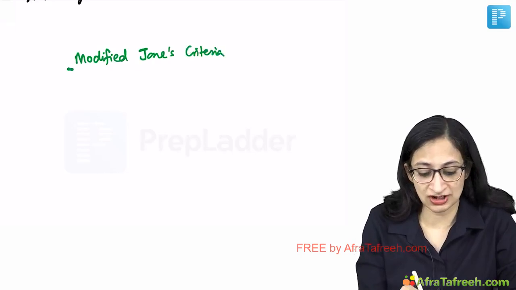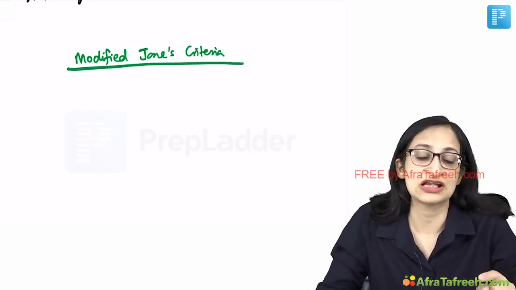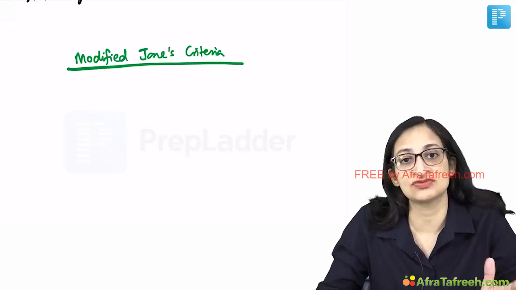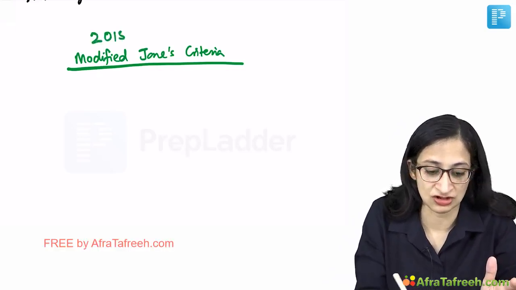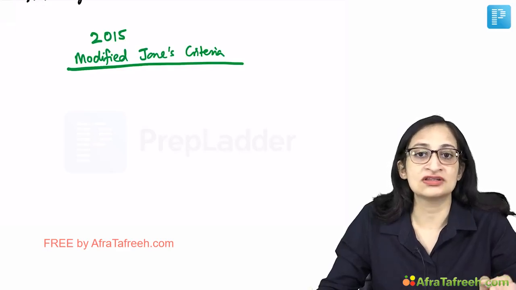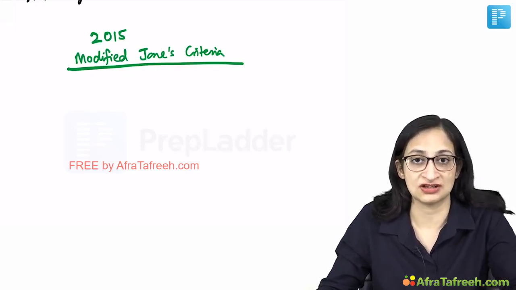The Jones criteria for rheumatic fever were first published in 1944 and there have been repeated modifications of this criteria. The latest one is the 2015 modification. Now let us see what this criteria says and what the latest modifications are.